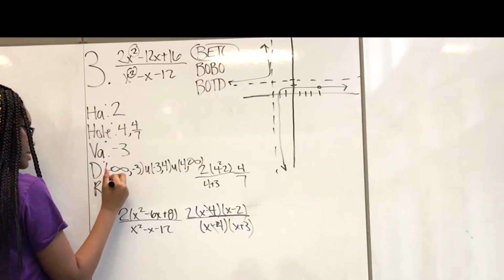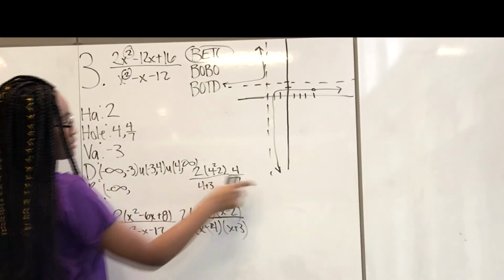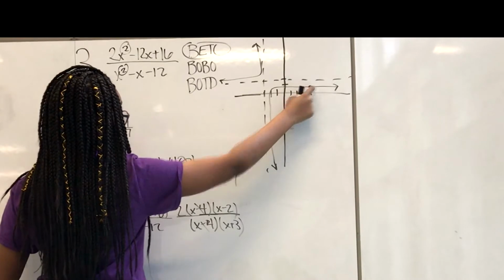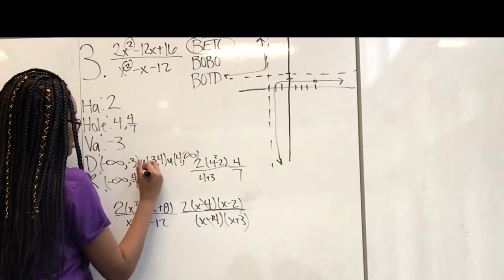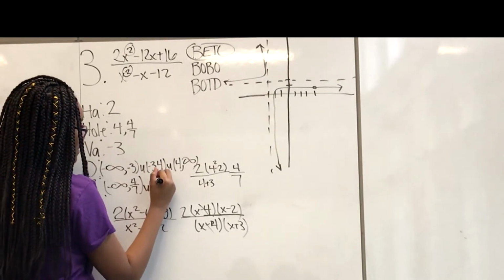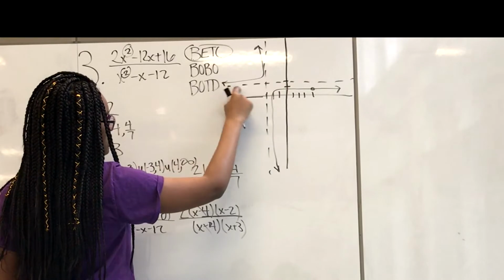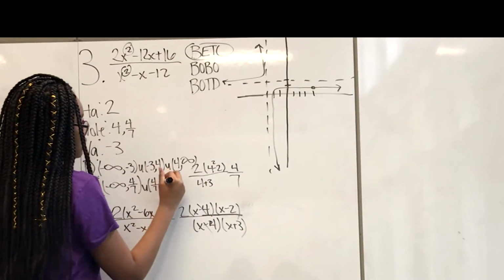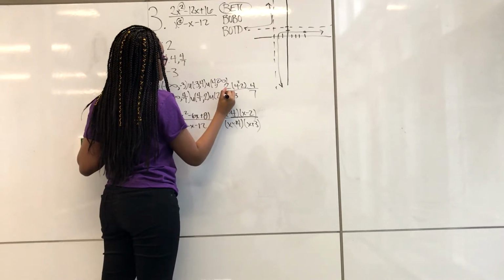And for the range, negative infinity to the hole, because it comes first, which is 4/7. Union 4/7 to the horizontal asymptote 2. Union 2 to infinity.